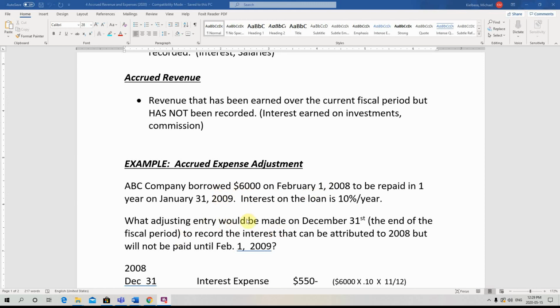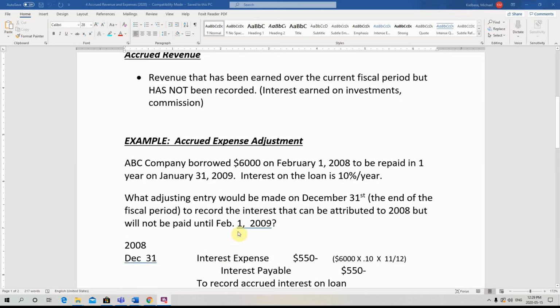So what adjusting entry would be made on December 31st, the end of the fiscal period, to record the interest that can be attributed to 2008 but will not be paid until basically January 31st or February 1st of 2009? Okay, so we got the loan on February 1st, so we're looking at 11 months, right?